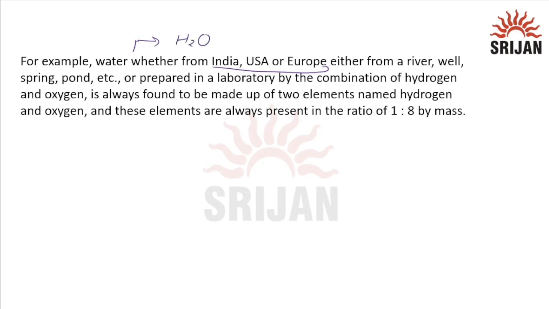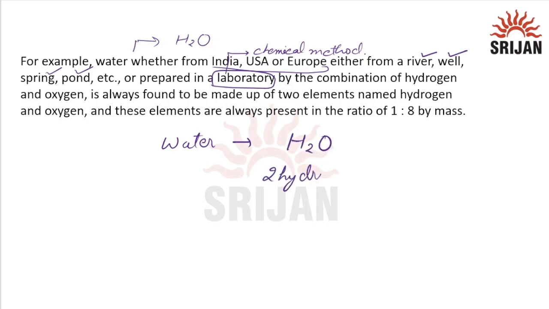Similarly, no matter from which source you take your sample, it can be a river, well, spring, or pond, or irrespective of your method of collection, whether from natural sources or prepared in a laboratory by chemical methods, in each and every case the formula of water will always be H2O: 2 hydrogen atoms and 1 oxygen atom per water molecule.